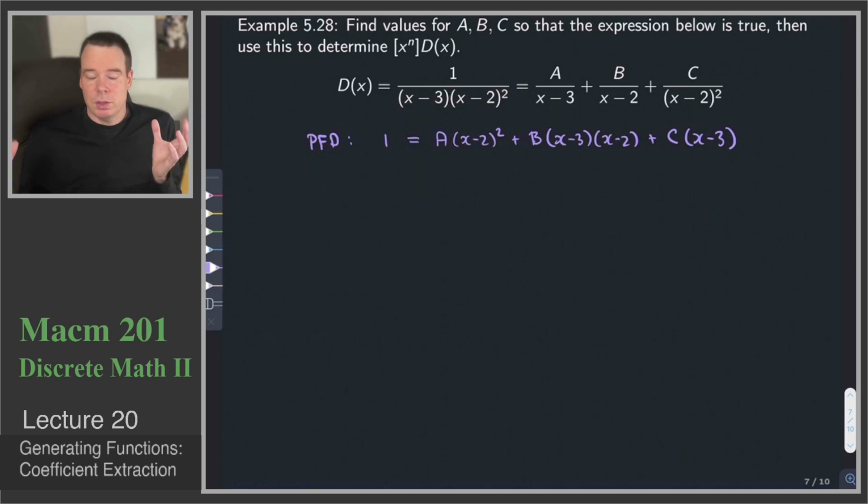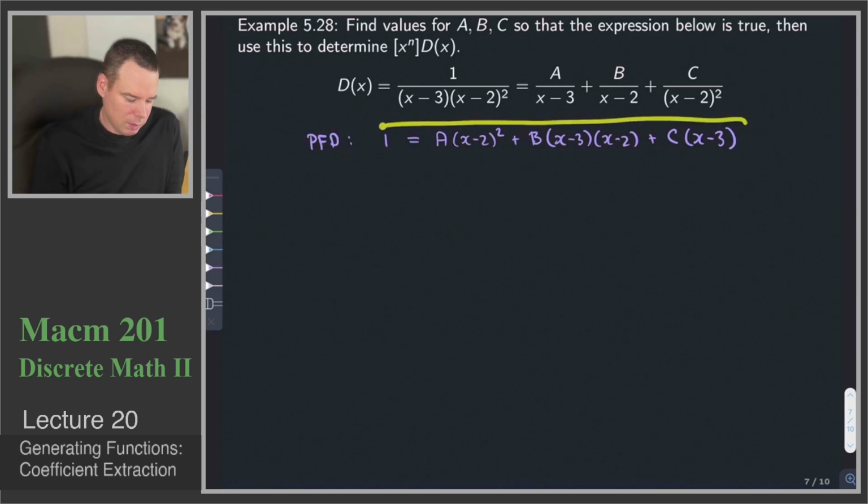Now we could expand this all out, get a polynomial of degree 2, compare coefficients, just like we did on the last example. But I'm going to show you another way to think about maybe solving for a, b, and c, something that in some situations could be a lot quicker. And it boils down to just understanding what's going on here.